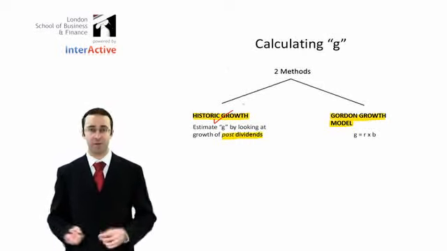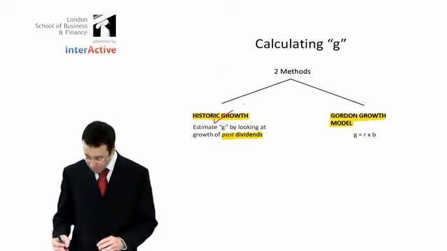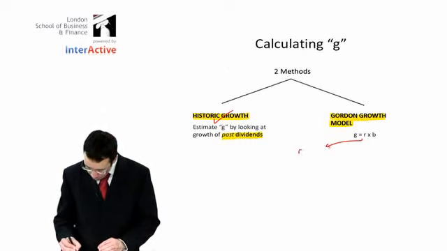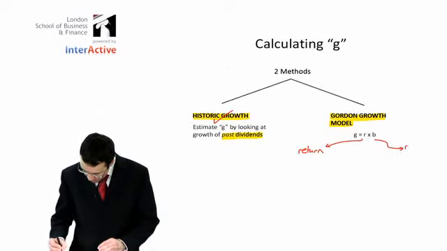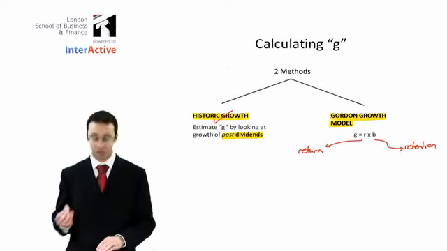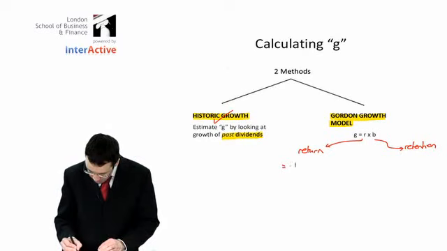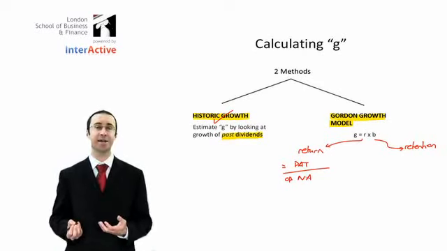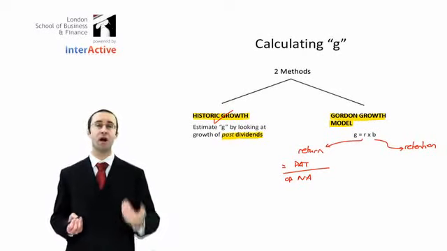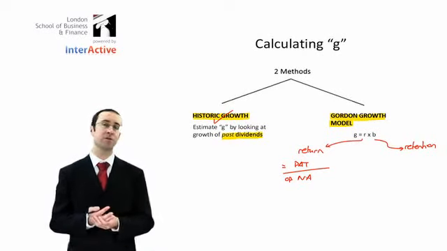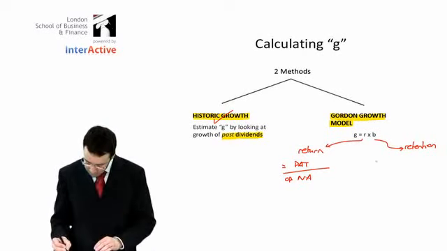Gordon's growth, again, should be familiar to you. It's R multiplied by B, whereby R is referred to as your return, and B is referred to as your retention. Remember, the return that you generate is your profit after tax as a percentage of your opening net assets, because that's the profit that you've returned based upon the capital that you've invested at the start of the year.